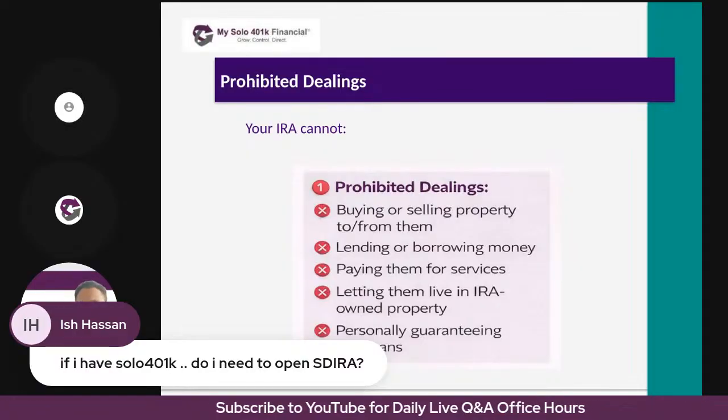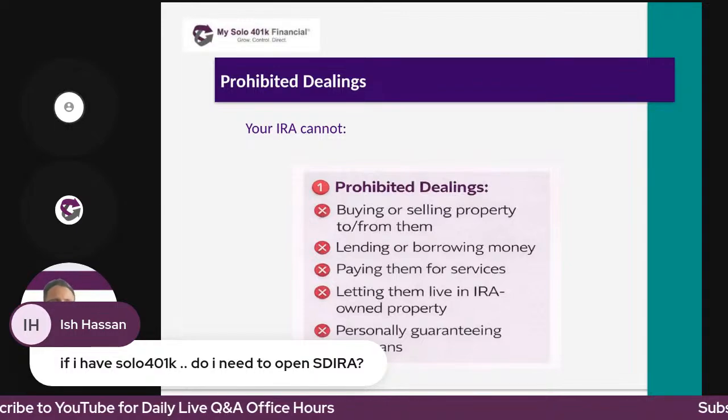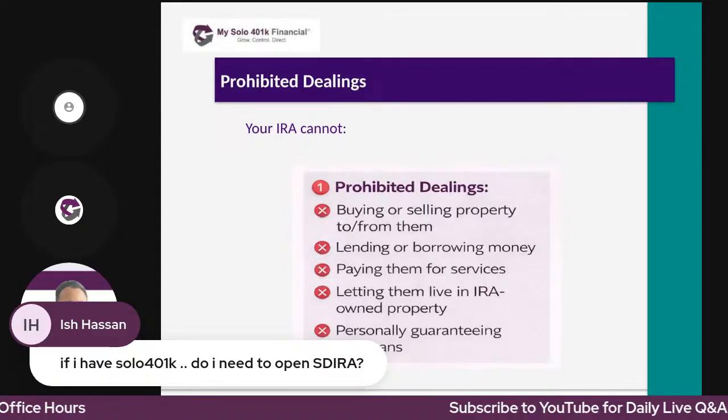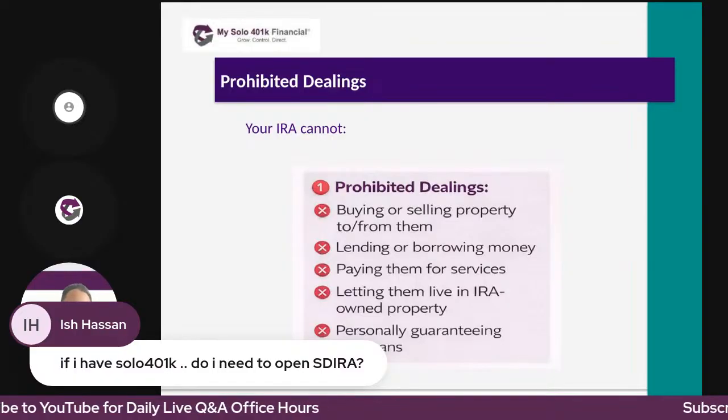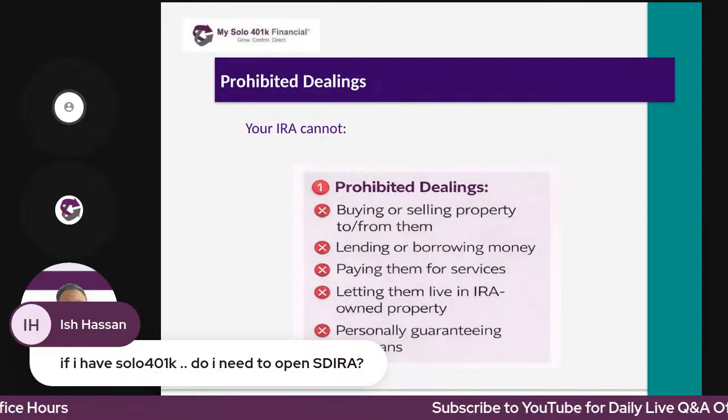Also, if your self-directed IRA or self-directed solo 401k owns a rental property, if your kid's going off to college, he or she cannot use that property as a personal dwelling, even if he or she pays fair market rate. It's prohibited, it's disallowed. Another example is lending or borrowing money.